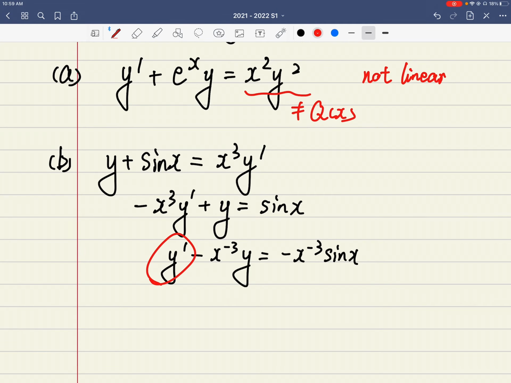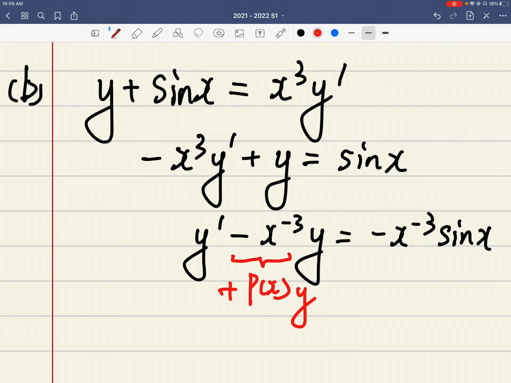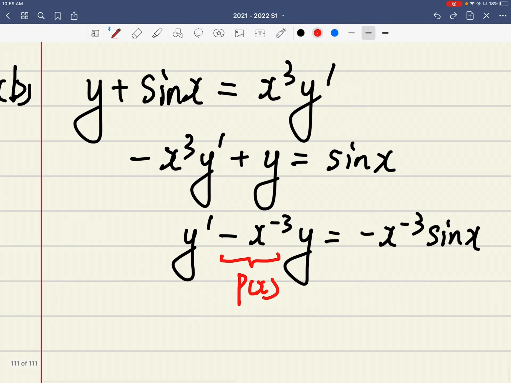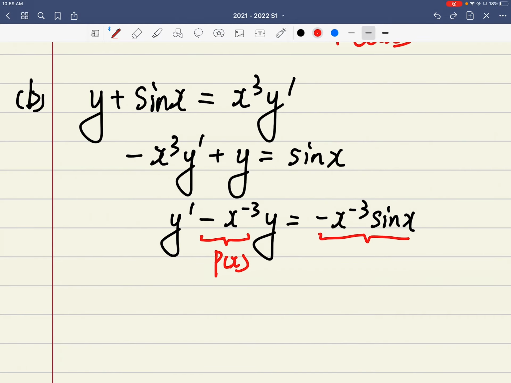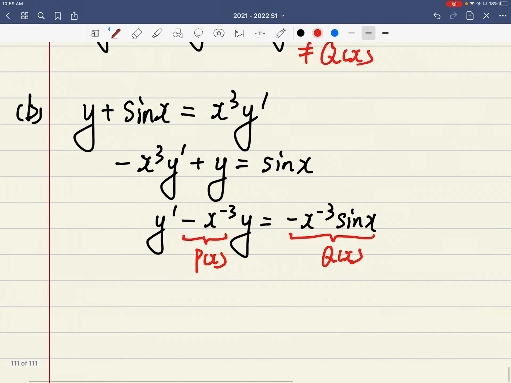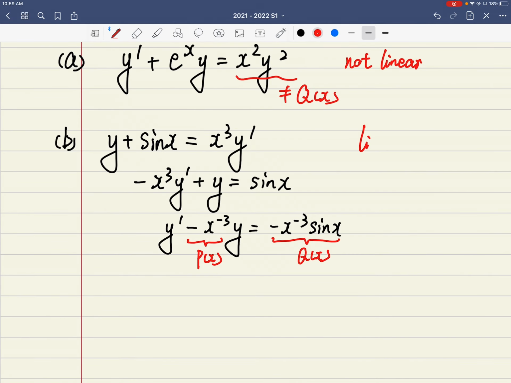Here y's derivative, nothing in front, and y times a function of x, so this part is your p(x), including the negative sign, because in the definition it's plus p(x)y, so please include the negative sign in front. And the right-hand side, it looks complicated, but as long as it's a function of x only, it's valid. So it satisfies the form, so it is linear.